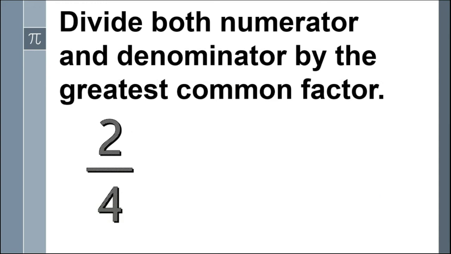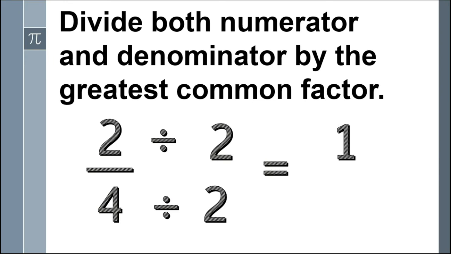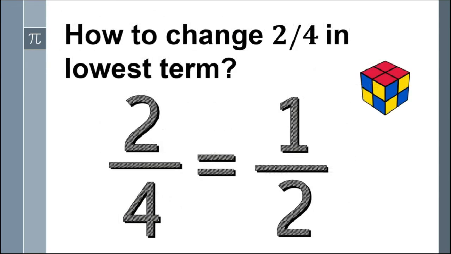Then divide both numerator and denominator by the greatest common factor. 2 divided by 2 plus denominator 4 divided by 2. So 2 divided by 2 is equal to 1. 4 divided by 2 is equal to 2. So ang 2/4 equal siya sa 1/2. So ang lowest term ng 2/4 ay 1/2.